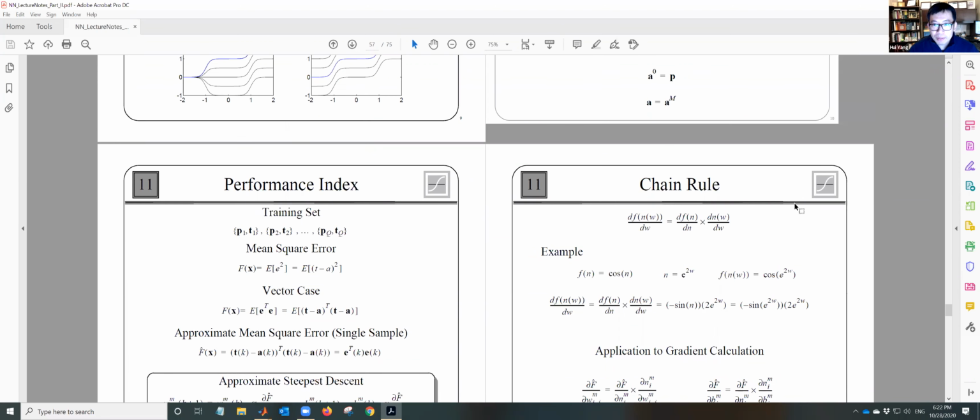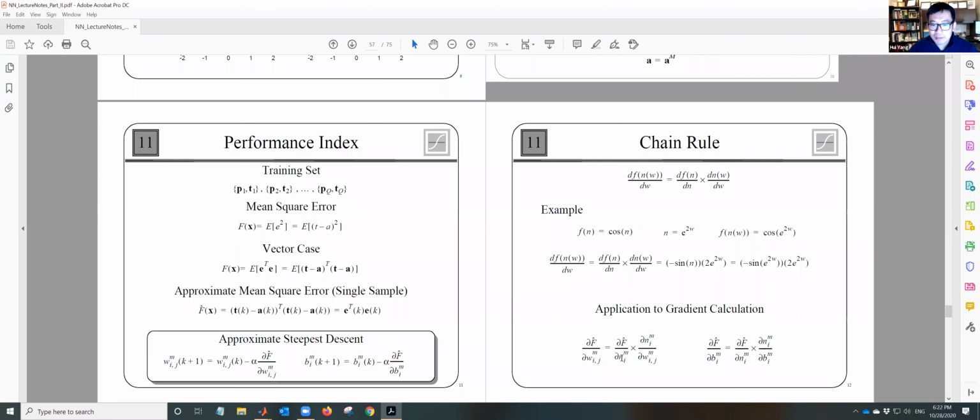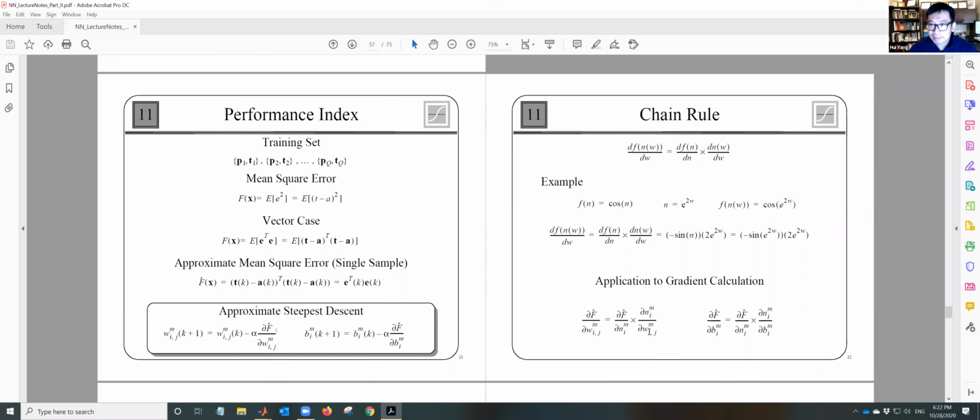If you want to calculate this F, the performance index, with respect to w, you can calculate F versus n, and then from n, you propagate it back to w, right? Because n equals w a plus b. So you can propagate it back. This kind of chain rule will help us. And then F over n, n over b.